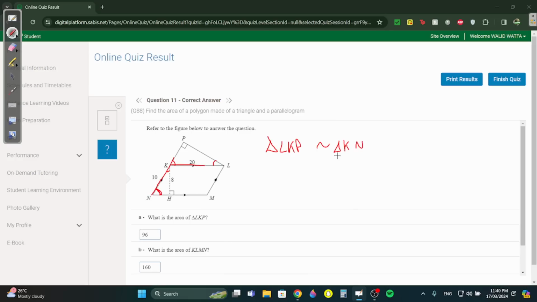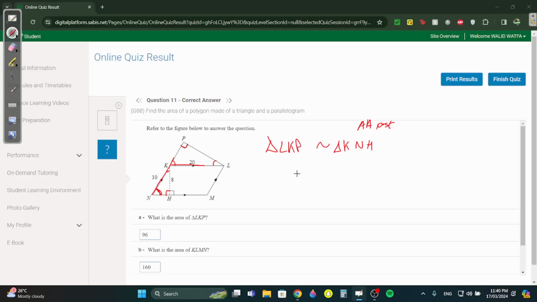And P, the right angle, is equal to the right angle here, H. That means AA postulate. They might deduct marks for it, I don't know.